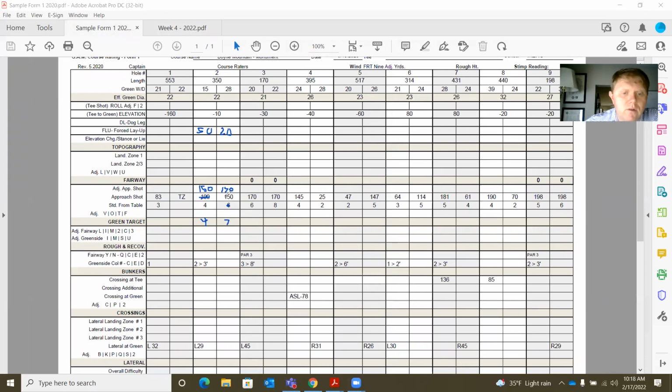So if you do have to cross out and adjust your approach shot, make sure you check that green target. It doesn't always change, as we see in this example here, but sometimes it's going to change. So we just need to double check that and look that up before we do all of our other stuff, because we'll find out in a second that green target is the starting value for what we come up with for recoverability and rough, or R&R, and then bunkers as well. So getting the green target right is a pretty important thing.